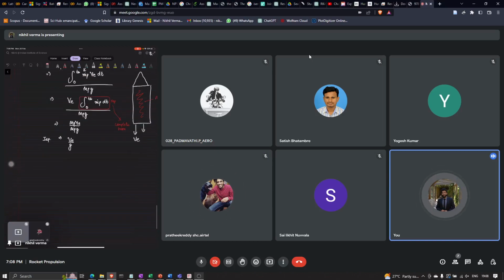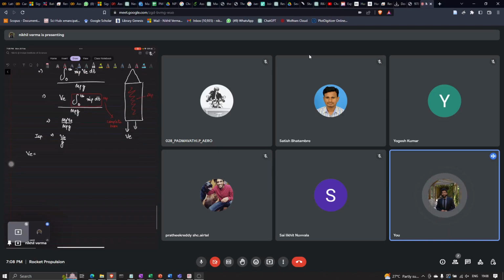So we have this. Now we want to know what is the velocity at the exit. So we have a relation: V exit equals the square root of 2 Cp T naught times 1 minus (P exit by P naught) to the power gamma minus 1 by gamma, right?